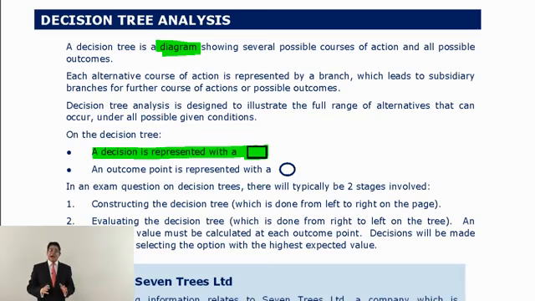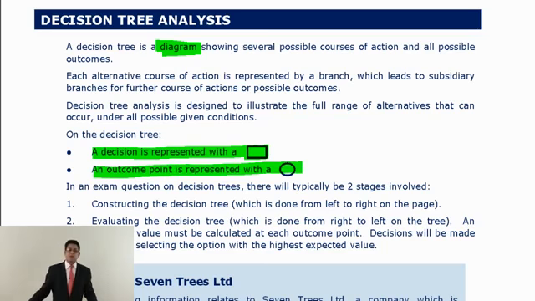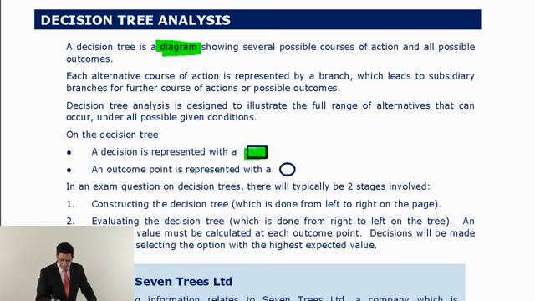Then whether I go this way or that way, something will occur, and that something which is going to occur is called an outcome. So an outcome point is represented by a circle. Decisions and outcomes are connected by lines or connectors, straight lines.